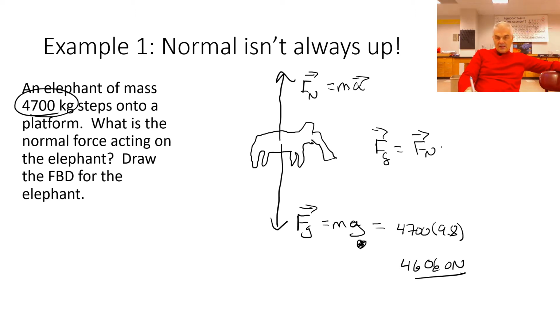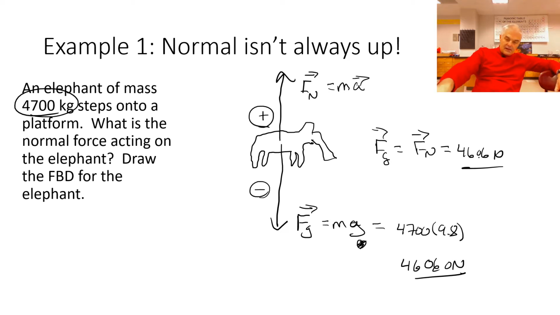So we can actually say that both of them are equal to 46,060. And actually, we should make a quick note that one will be positive and one will be negative. Downward, negative, upward, positive. So the normal force is actually 46,060. The force of gravity is negative 46,060 newtons.